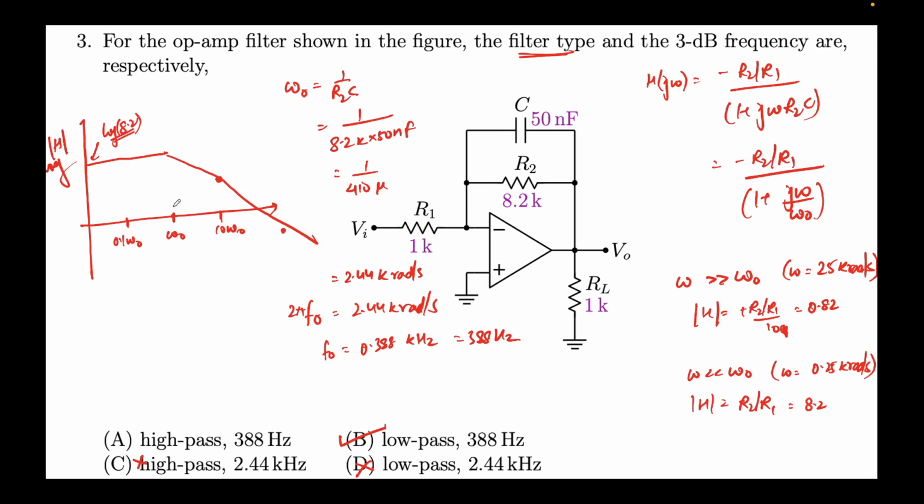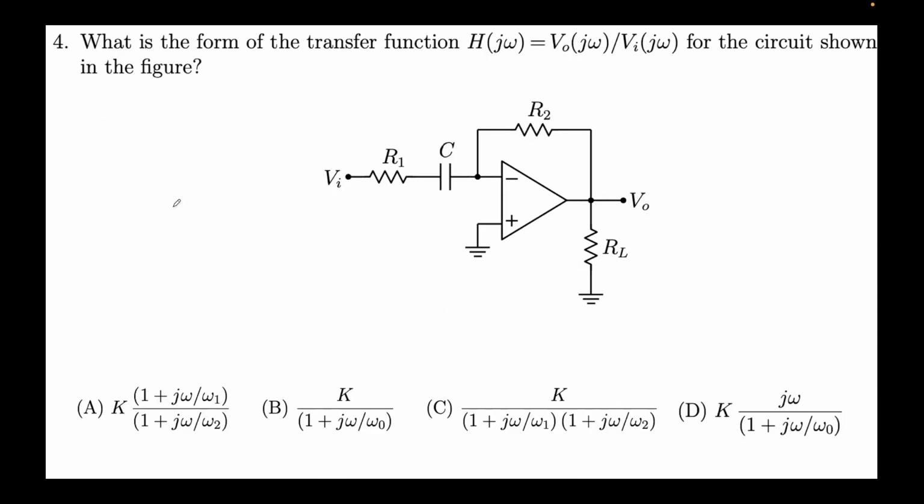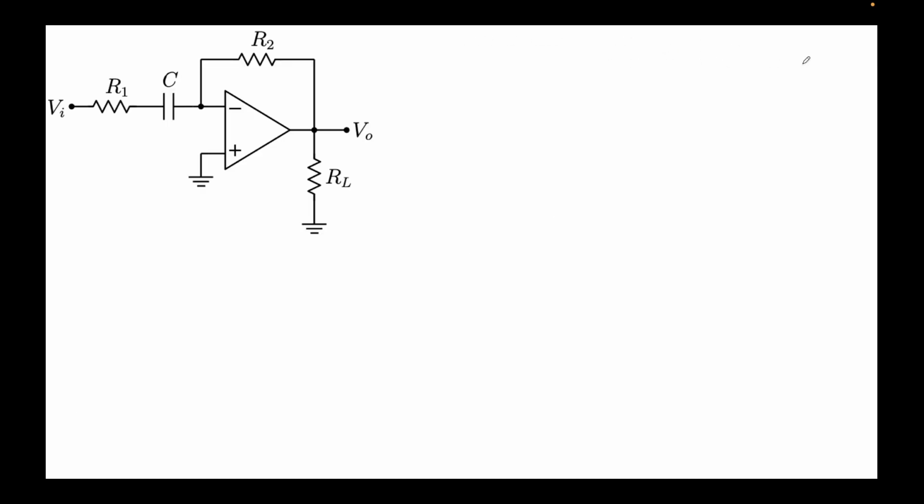Right. So now let's move forward. Okay, so this is a problem similar to before, not exactly the same. We are again required to find the function H(j omega), the transfer function, how it looks.